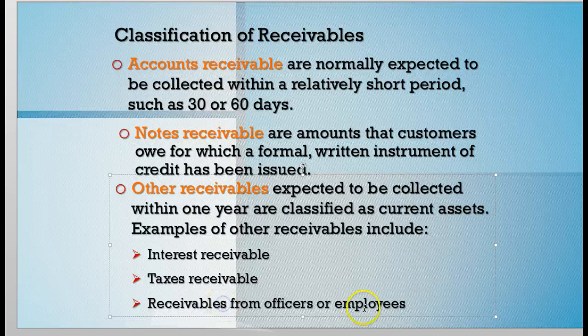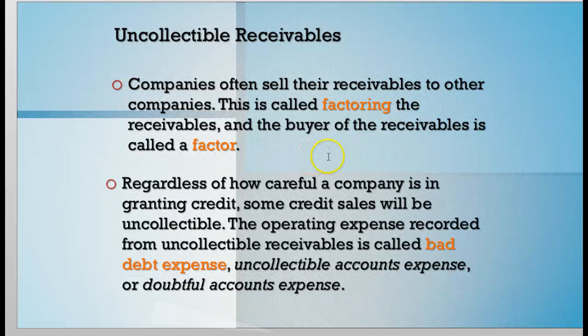Although if you are a large corporation, you normally cannot give a loan to your officers or your employees, and that is courtesy of the Sarbanes-Oxley Act. So those are the type of current receivables you can have on the books.